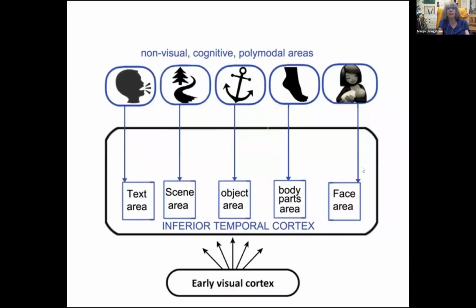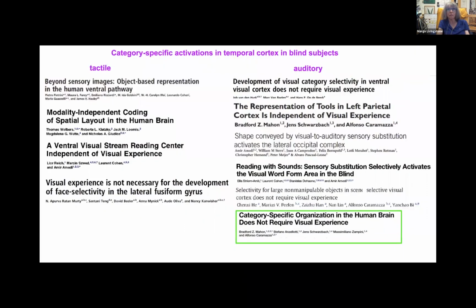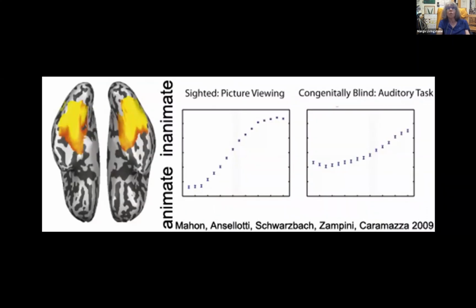So let's add scenes, objects, and body parts to requiring top-down influences on the specification of temporal cortex. This study reports that the medial-lateral gradation in the temporal lobe from animacy to inanimacy categories found in sighted subjects is also found in blind subjects to auditory input.